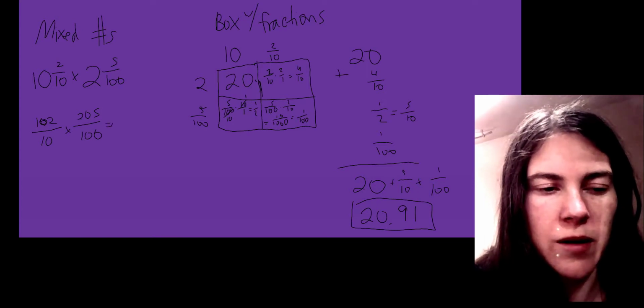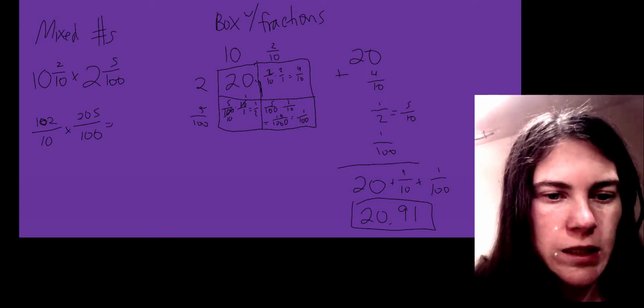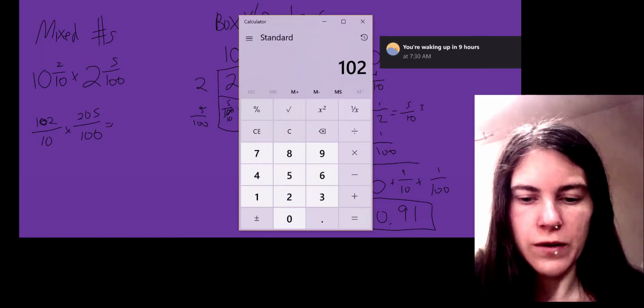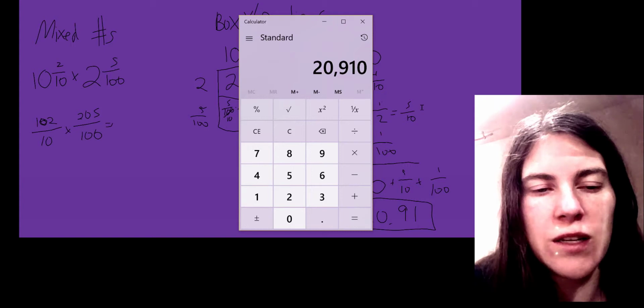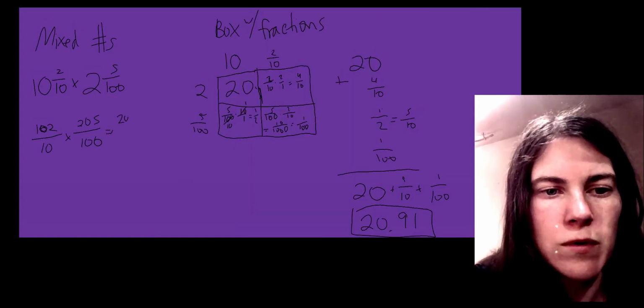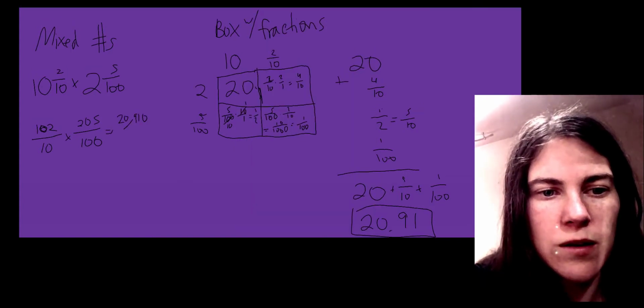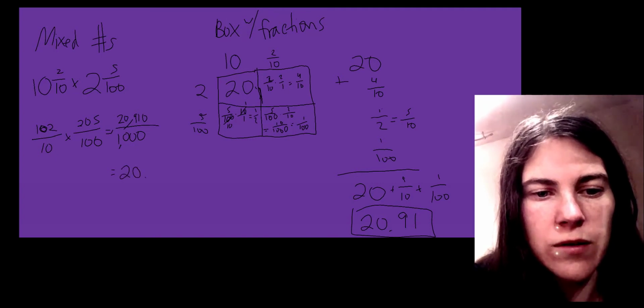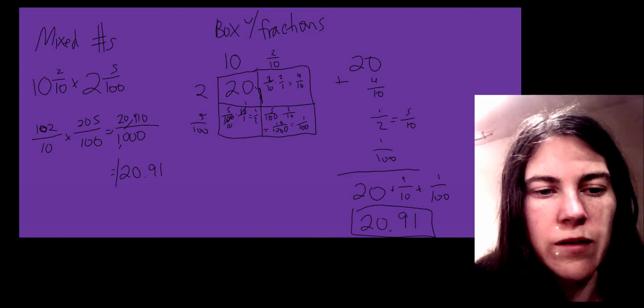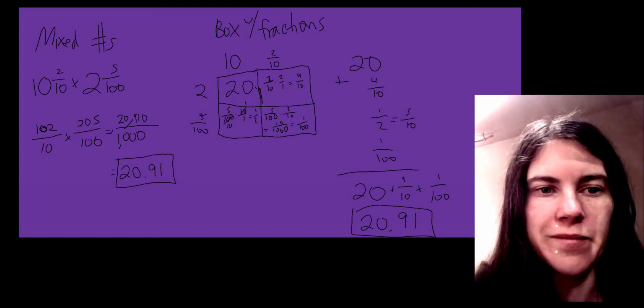Now I multiply across. 102 times 205 is 20,910. 20,910 over 1,000. In other words, 20.91. And then the 0 on the end is optional.